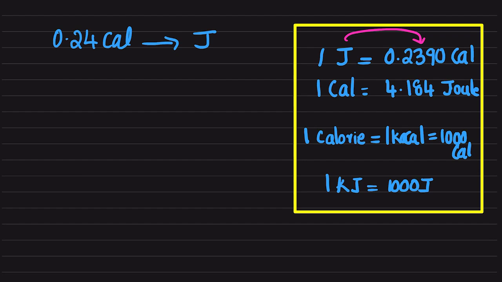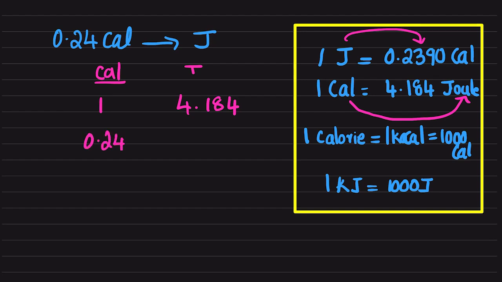So pick up the relation calorie to joule. This is our relation. So cal you need to convert into joule. 1 cal equals 4.184 joule.